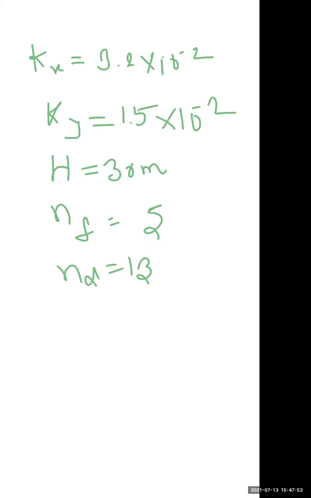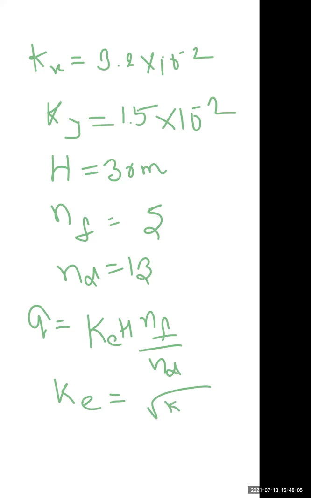First, we have to calculate K equivalent, that is the square root of Kx into Ky. So Kx is given as 1.5 into 10 to the power minus 2, Ky is given as 3.2 into 10 to the power minus 2. So K equivalent is equal to 0.